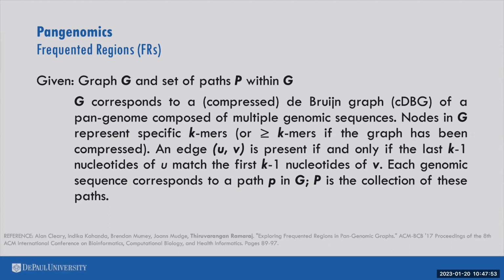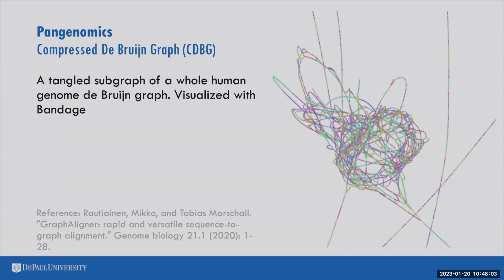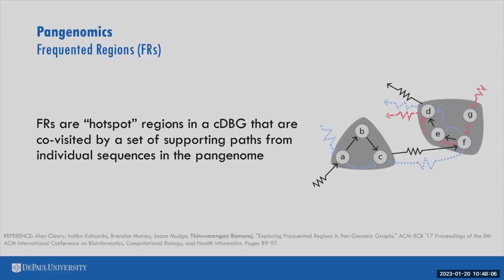So we take these graphs, and then we try to find all possible paths in these graphs, and then come up with frequented regions. I won't get into the details of it. So basically, we can think of these frequented regions as hotspot regions in this compressed de Bruijn graph that are co-visited by a set of supporting paths from individual sequences of the pangenome.